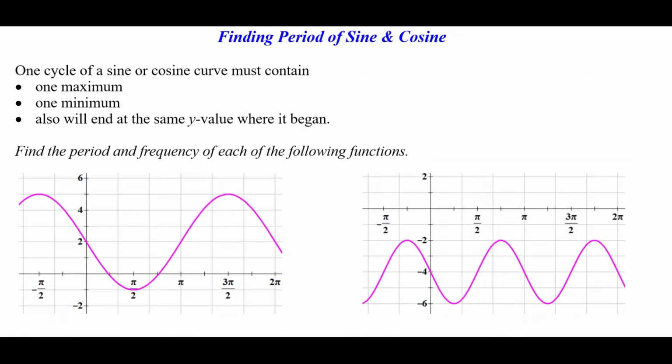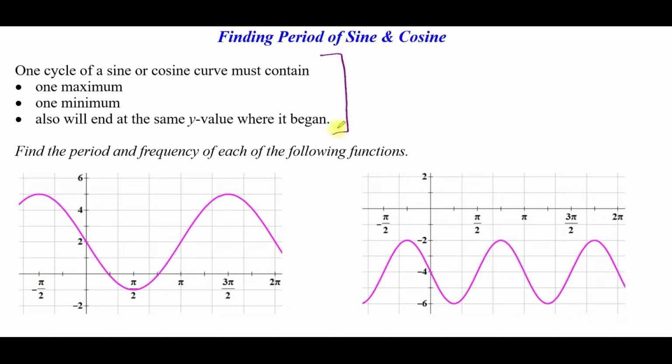All right, so we want to be able to find the period of a particular periodic function. Sine and cosines are periodic functions, and those are the ones that we're usually going to be talking about. So what we want to do here is find one cycle of the curve that contains a maximum and minimum, and that will also end at the same y value where it began.